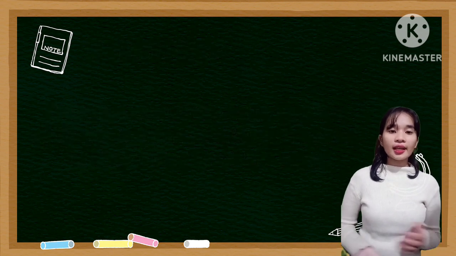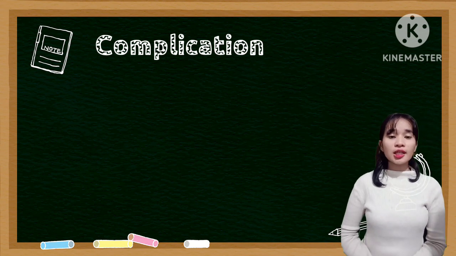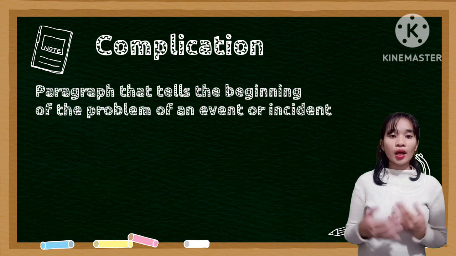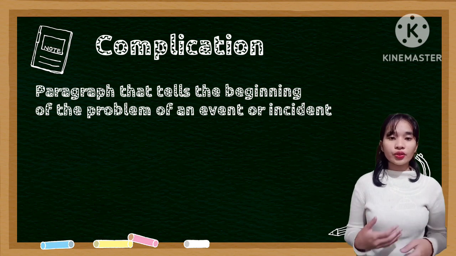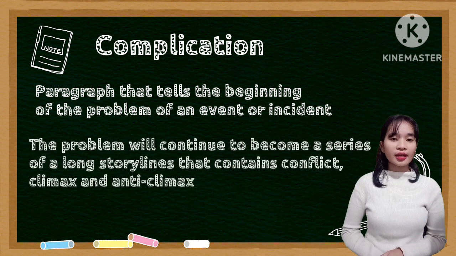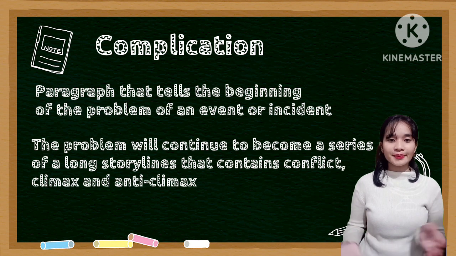Alright, the second one is complication. Complication is a paragraph that contains the beginning of the problem in the text, and the storyline that contains conflict, climax, and anticlimax.